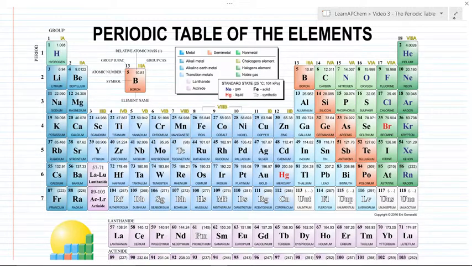So these are called the alkali metals, not alkali earth metals, and they're very reactive.